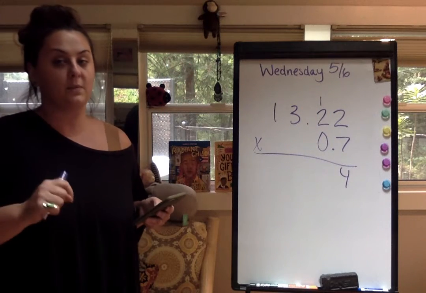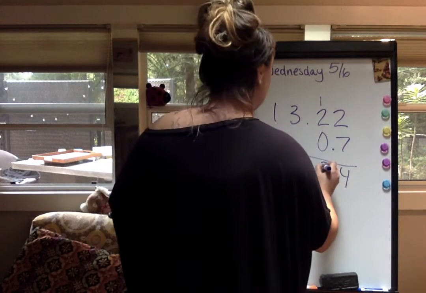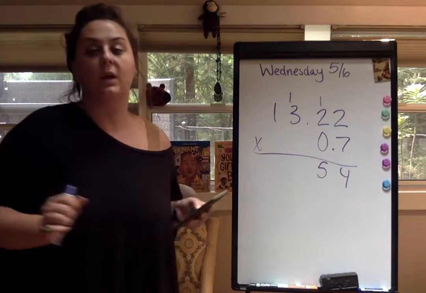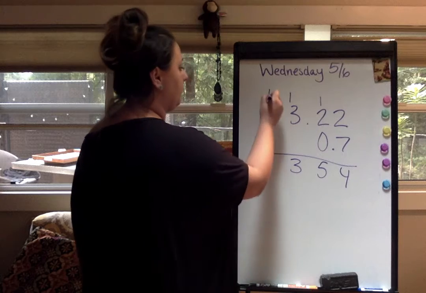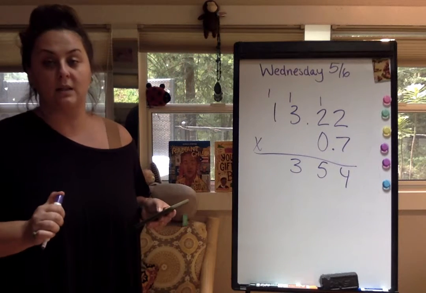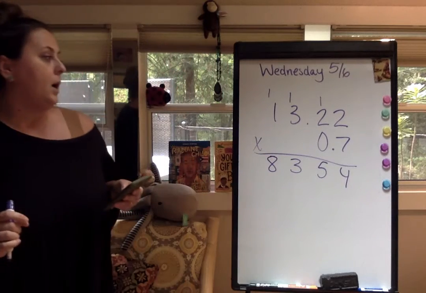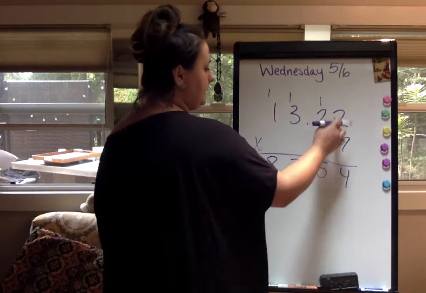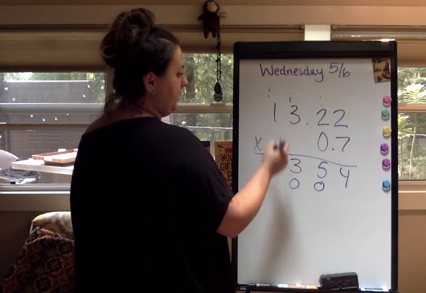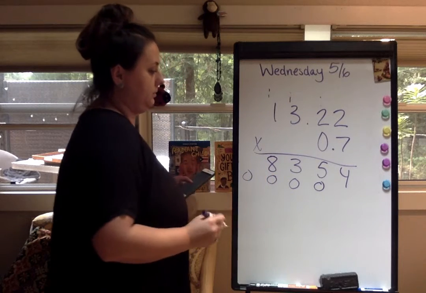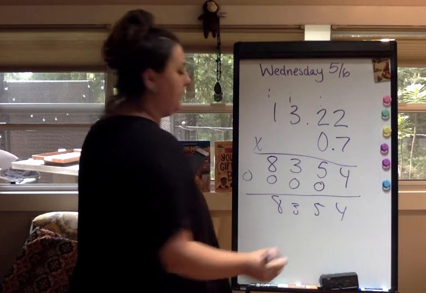Then 7 times 2, which is 14, plus 1 is 15. 4 times 3 is 12, plus 1 is 13. 7 times 1 is 7, plus 1 is 8. Okay? Now, all this is going to be 0. So it's going to be 0, 0, 0, 0.